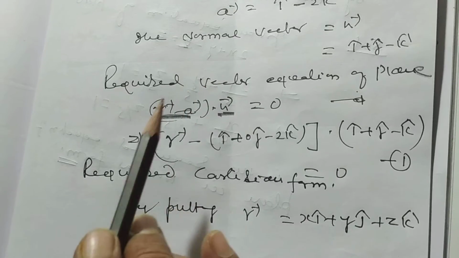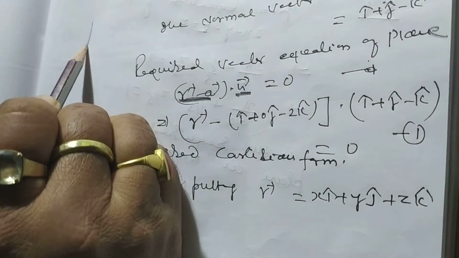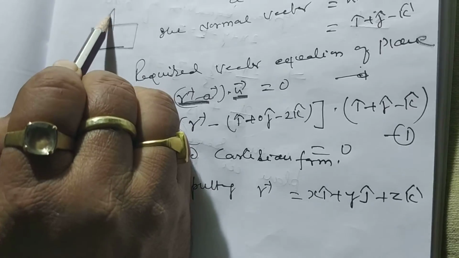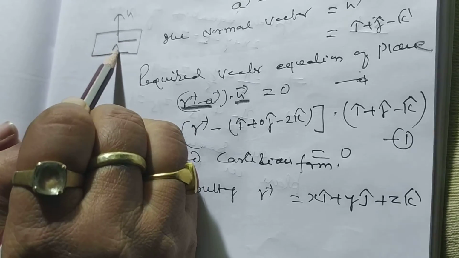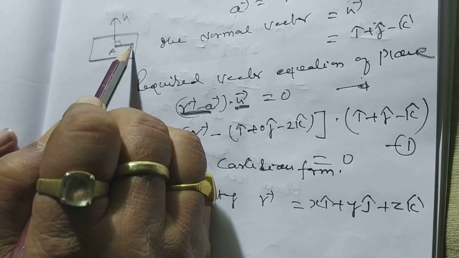My dear student, I have told you earlier that to get the equation of a plane, we should have a normal and an arbitrary point P on the plane, with line AP.